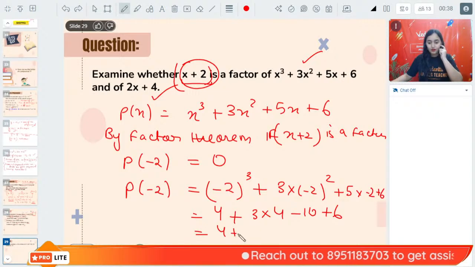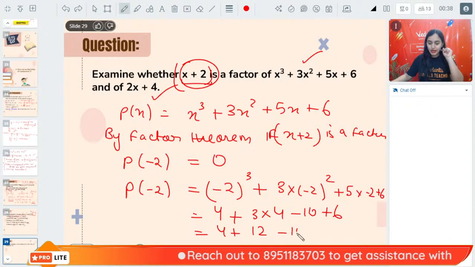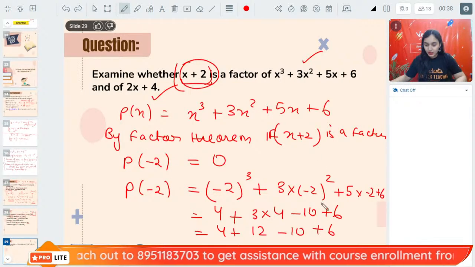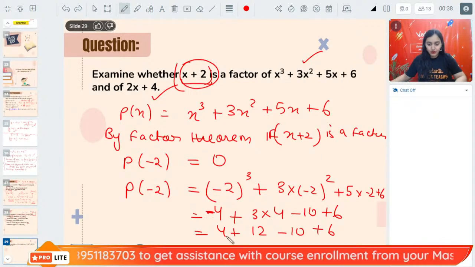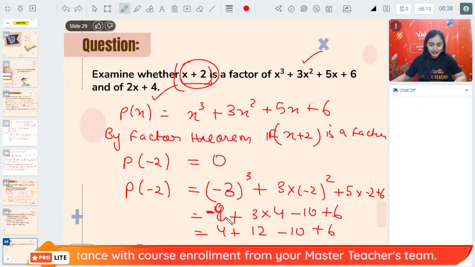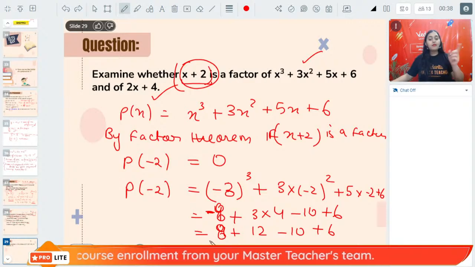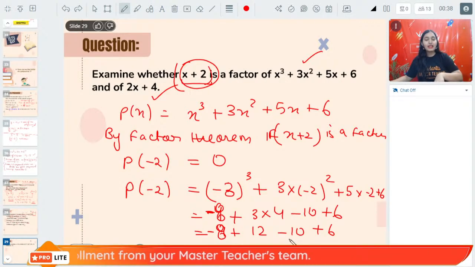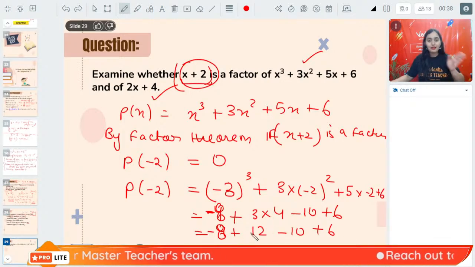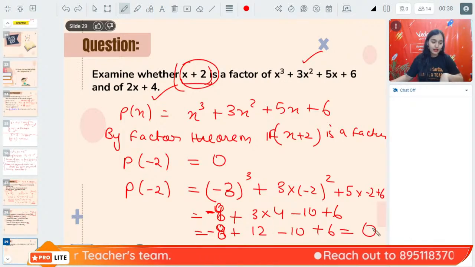So this is minus 8 plus 3 fours are 12 minus 10 plus 6. Minus 8 minus 10 is minus 18, and 12 plus 6 is 18, so minus 18 plus 18 is equal to 0, right?